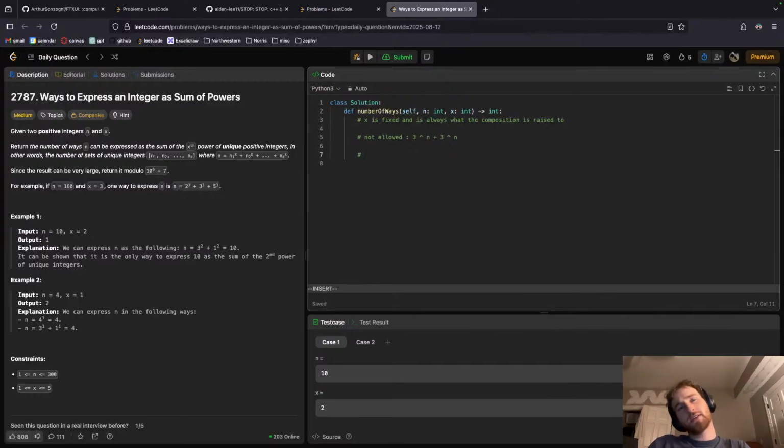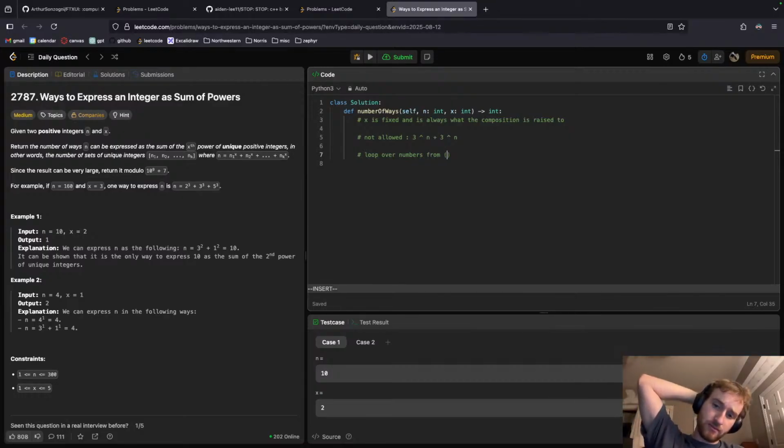Because largely I'm thinking something like, what is the upper bound here? Like the x root of n? That's what I'm trying to think of.